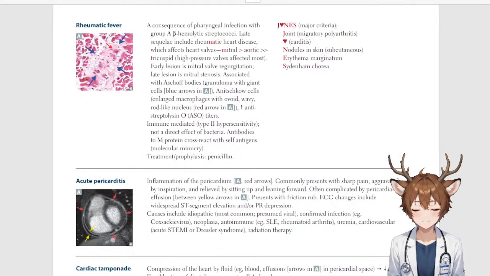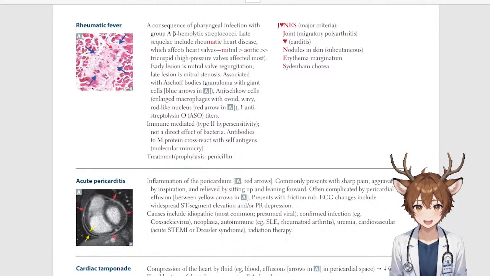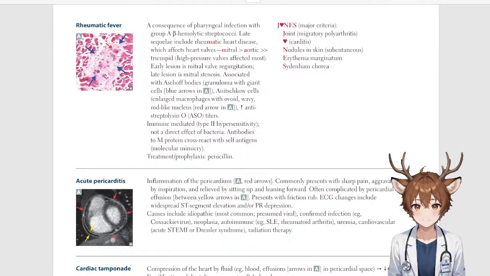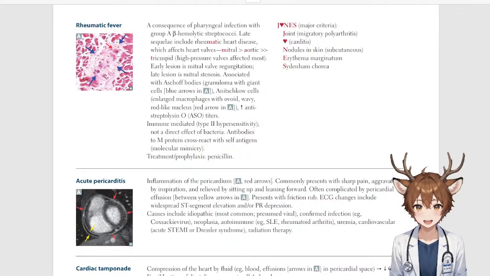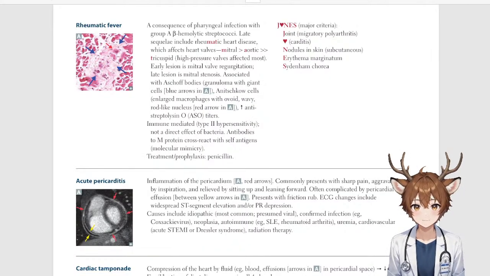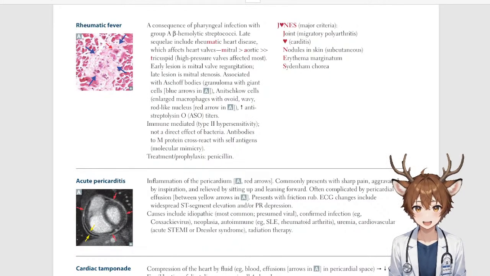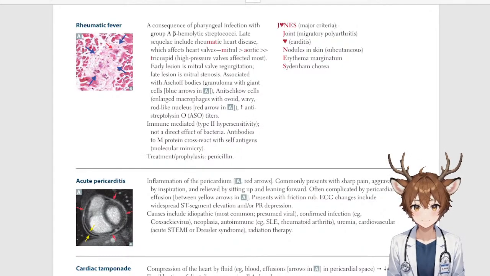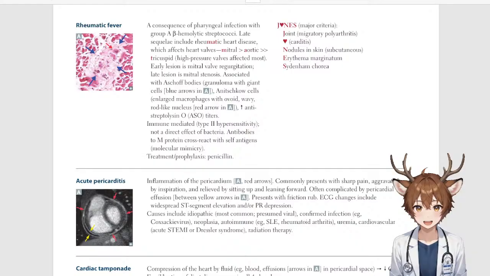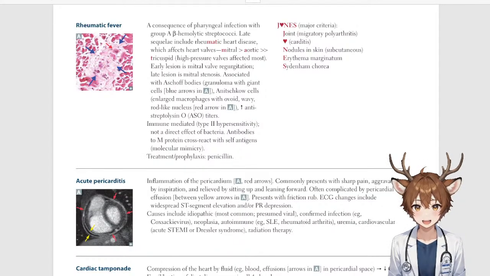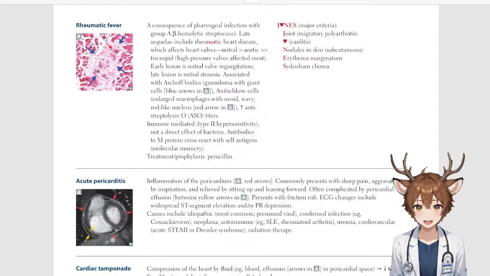And bear in mind, DNAase is a thing that I think Strep pyogenes makes. That would make sense. That checks out, because that's a beta hemolytic streptococcus. Immune-mediated type 2 hypersensitivity, not a direct effect of bacteria. Antibodies to M protein cross-react with self-antigens, often myosin, molecular mimicry. Prophylaxis would be with penicillin, so use penicillin.